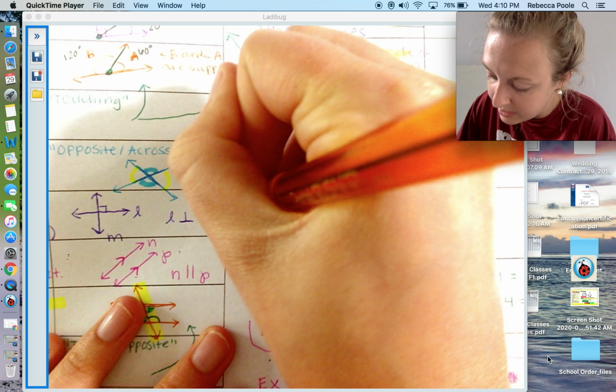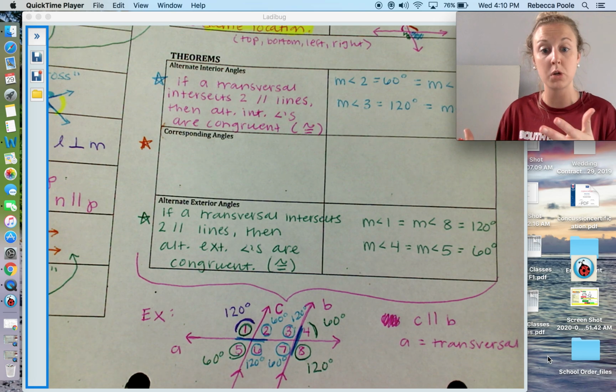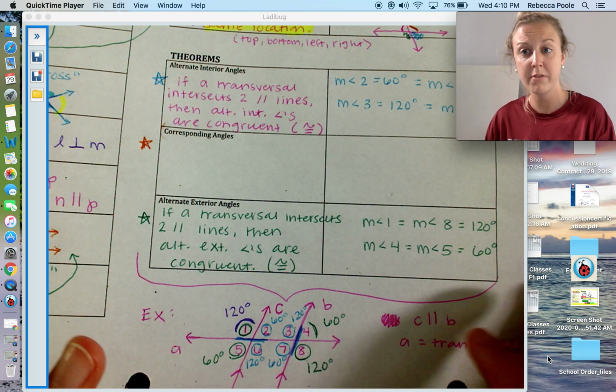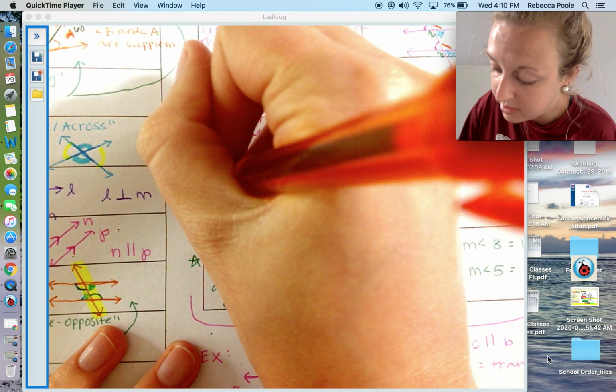All right, so now we're going to use our corresponding angles to check. The only reason I'm color coding is for you guys at home so y'all can try to see better what I'm doing since we're away from each other, okay? So corresponding angles, same rule.